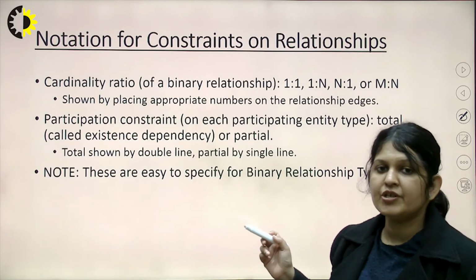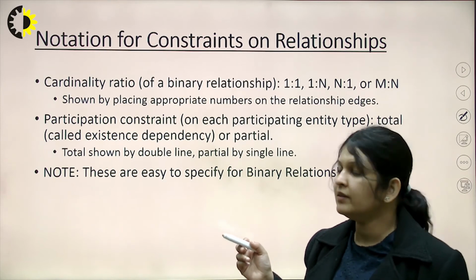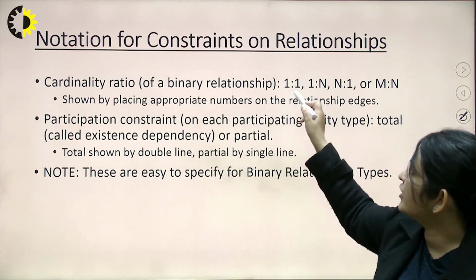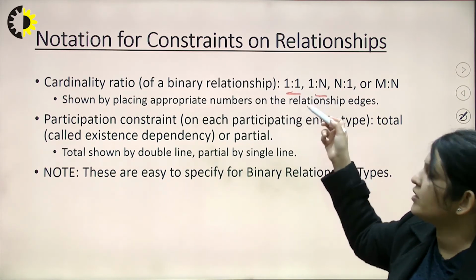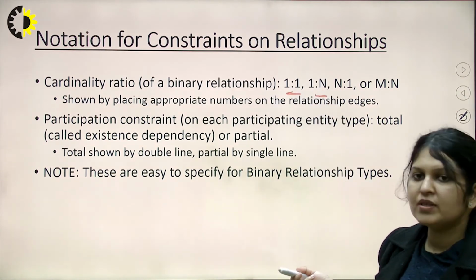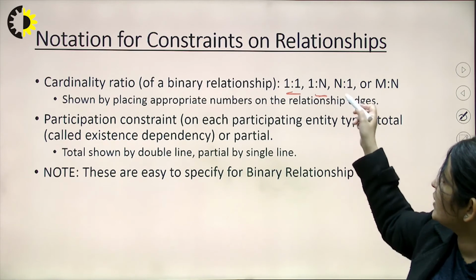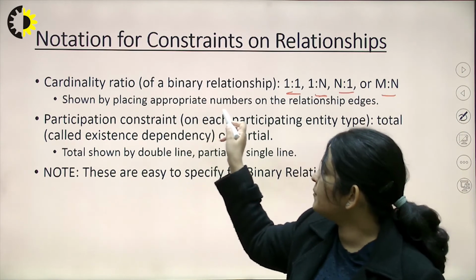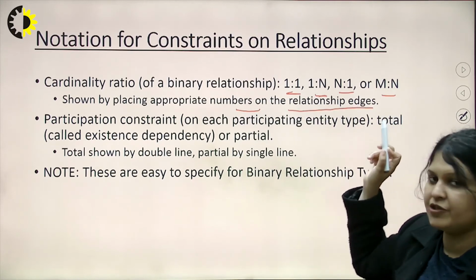So what are the notations we use for the constraints on the relationship? First, the cardinality ratio of a binary relation is represented using the ratio that we use in maths, that is 1:1, 1:n, n:1, m:n. It is shown by placing appropriate numbers on the relationship edge.